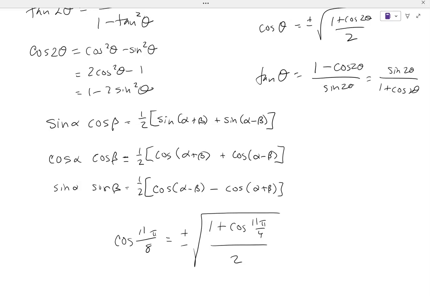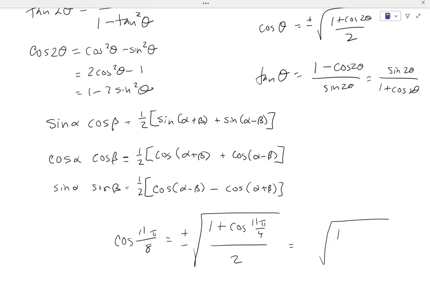Again, inside here is half of what's inside here. Calculate cosine of 11 pi over 4. Cosine of pi over 4 is root 2 over 2.